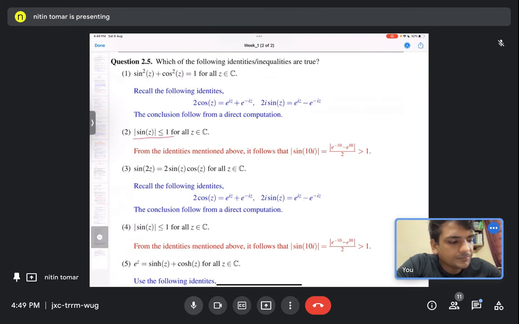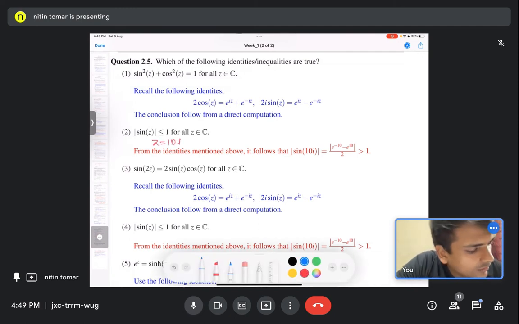Now for the second, is mod of sin z less than or equal to 1 for all z in C? In the real case it is true, we know that mod of sin x is less than or equal to 1 for all real x, but it does not hold true in the complex plane. An example: you choose z to be 10 iota. By this formula, sine 10 iota is (e to the iota z minus e to the minus iota z) by 2i, with z as 10 iota.